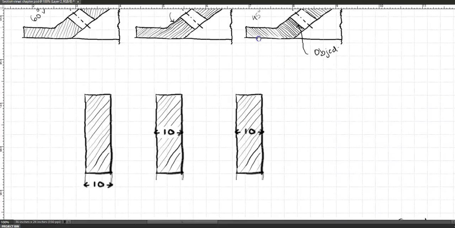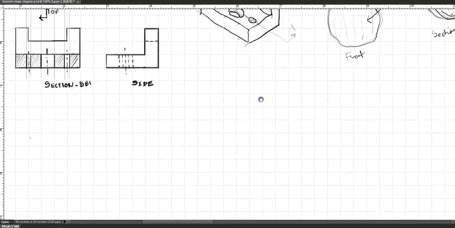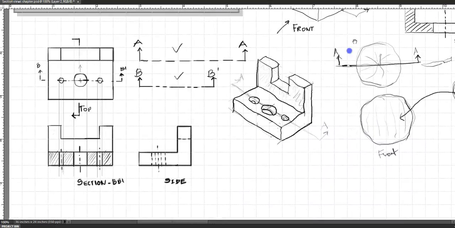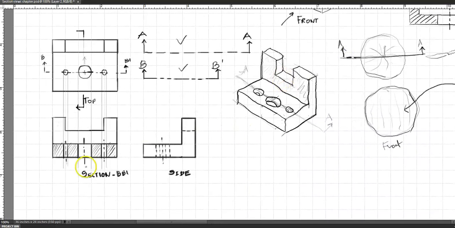For example, if we were to hatch I guess this object, and I knew that this was steel, instead of hatching it just like that, I would hatch it like this. One, two, and why would I do this?